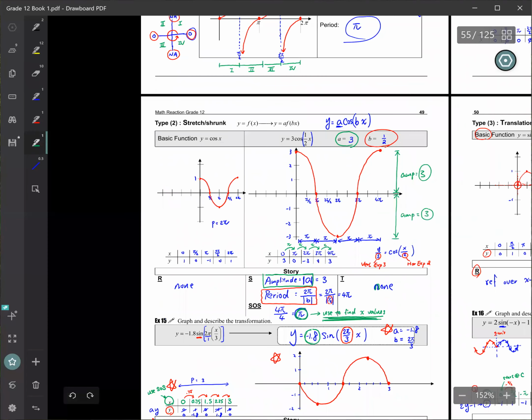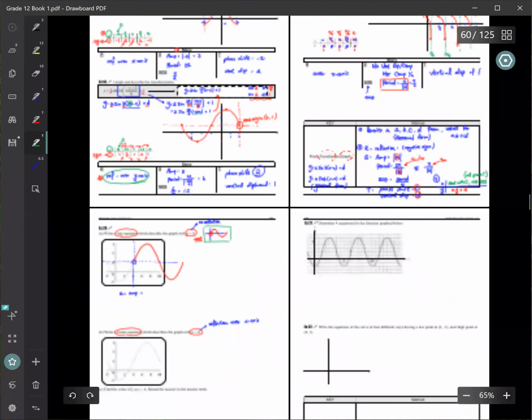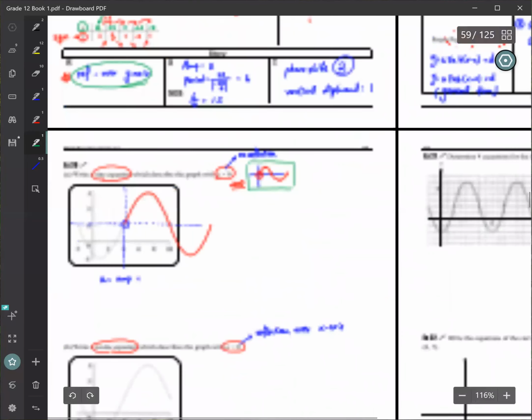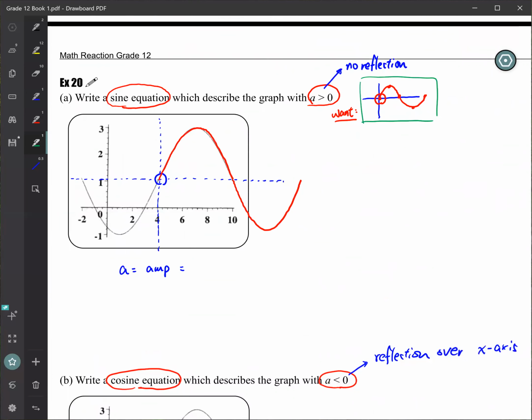So back to here again, right? This question, we have from the middle line, so over here, middle line is here, and then from the middle line to the highest, that should be a 2, okay?